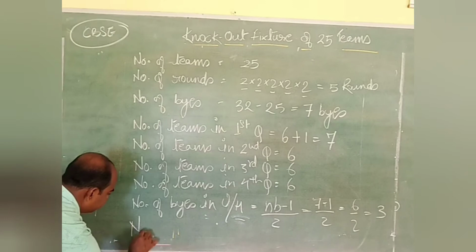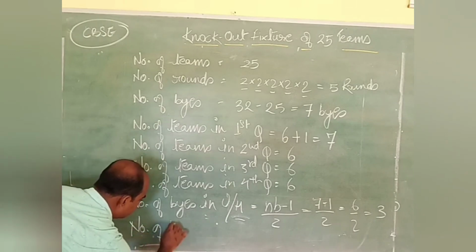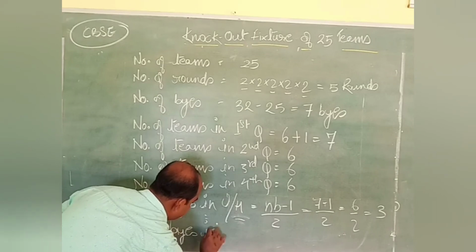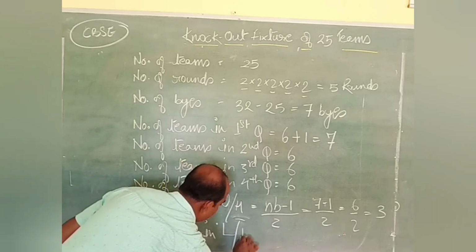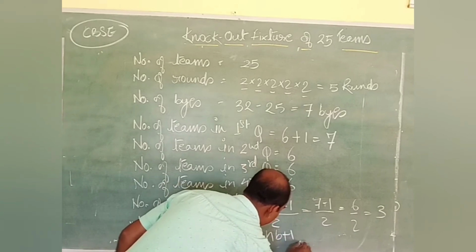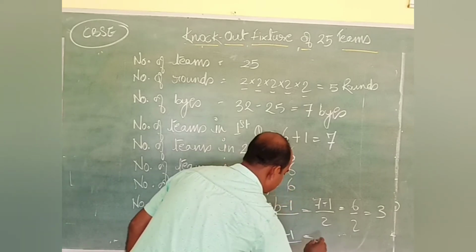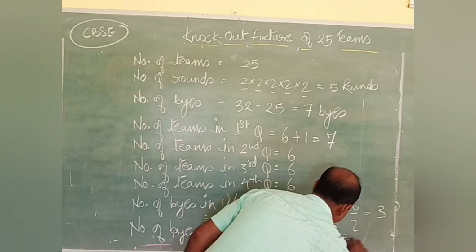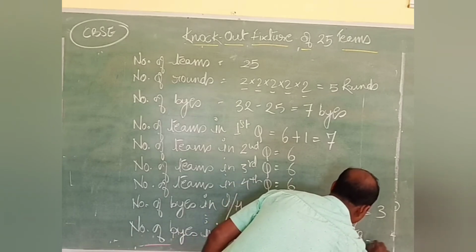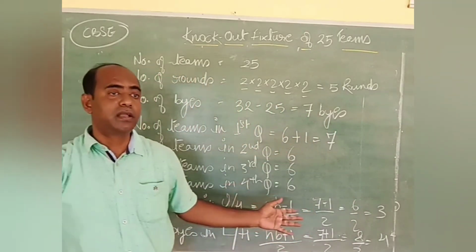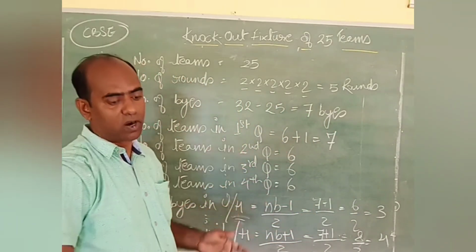Number of byes in lower half is (nb plus 1) by 2, (7 plus 1) by 2, so 4 byes will be given in third and fourth quarter.